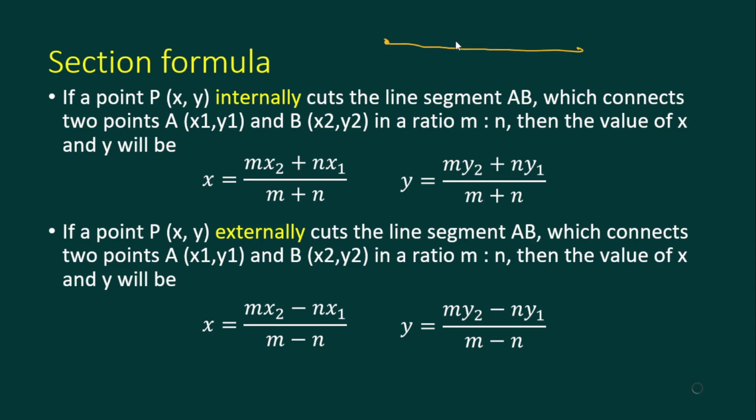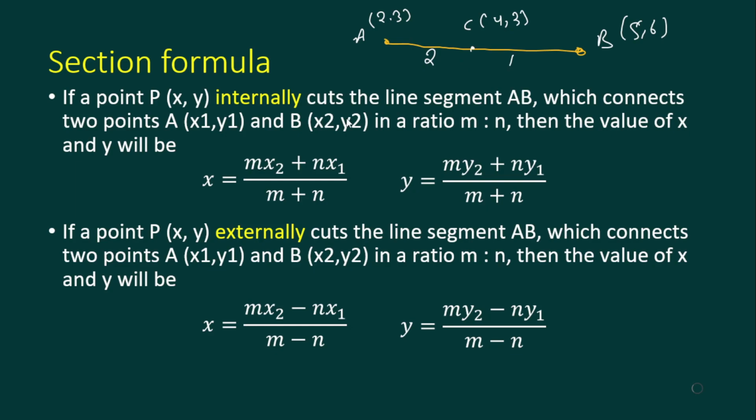Let's say we have 2 points here, A and B, say 2 comma 3 and 5 comma 6, and let's say there is a point C on this line, 4 comma 3, which divides this line in the ratio 2 to 1.